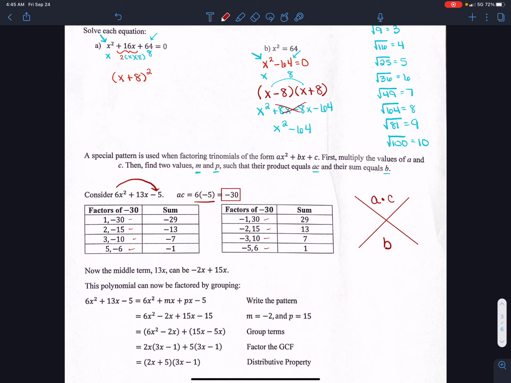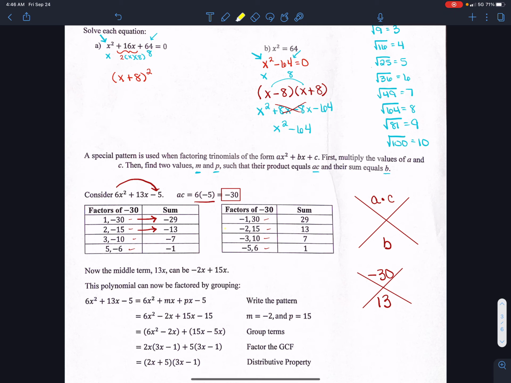In this case, this one equals negative 29. This one equals negative 13. So let's try this so that we can see what we'd come up with. If we had negative 30 as a times c, and our b value was 13, which of these two factors would multiply to negative 30 but add to positive 13?